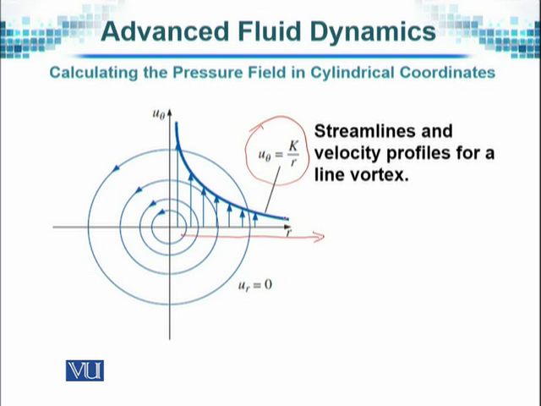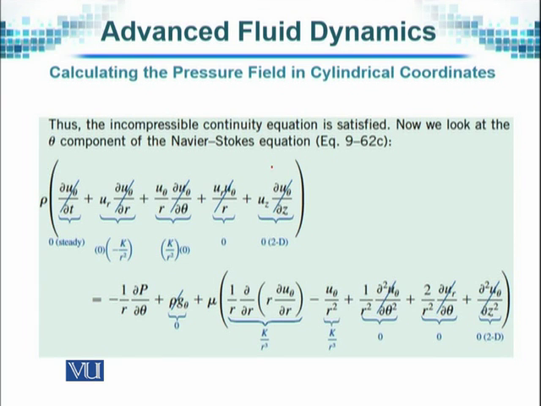So the motion is reducing for large r, and when we come closer to 0, it is increasing steeply, and so it forms a line vortex. This we call a line vortex. There is a swirl in the motion that is taking place.